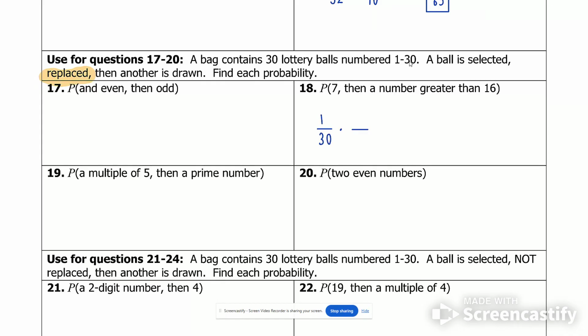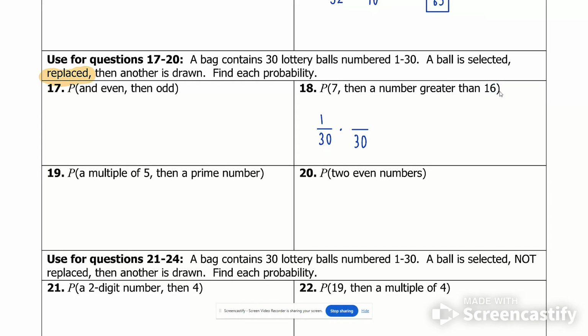And then a number greater than 16. Now, time out. We still have the same bottom number, right? Because that 7 went back in the bag. So you still have all the numbers 1 through 30 in there. So you have 30 balls back in the bag. How many are greater than 16? Remember, greater than 16 means we don't count 16.